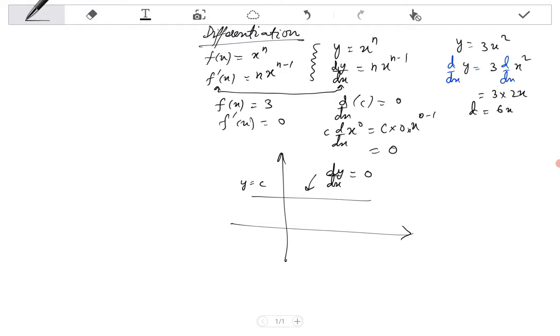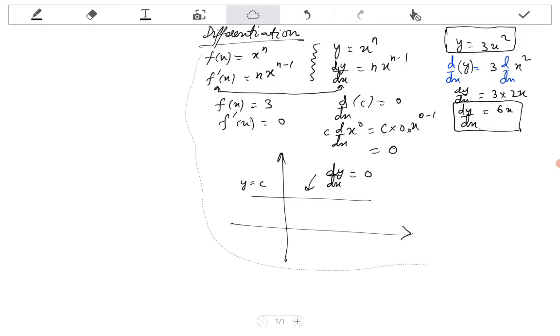This is applied on y, so if I write it this way, dy by dx is on the left-hand side, and the right-hand side is differentiated, so finally it appears as 6x. This is how you find the derivative function. I think I should solve one question for a better understanding of this concept.